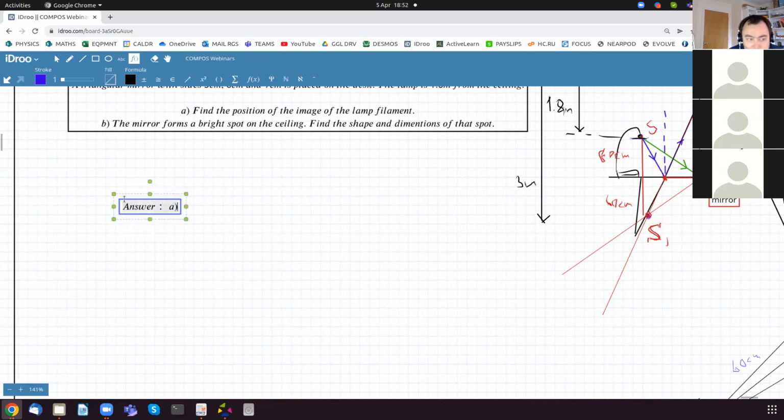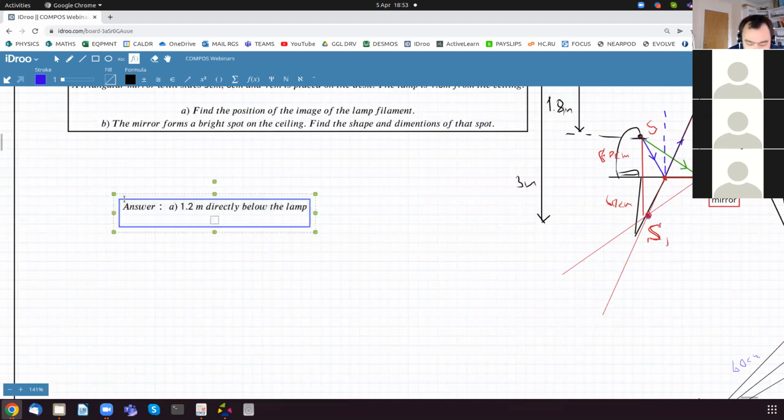So answer. For A, it is 60 centimeters, so 1.2 meters, what was directly below the lamp.